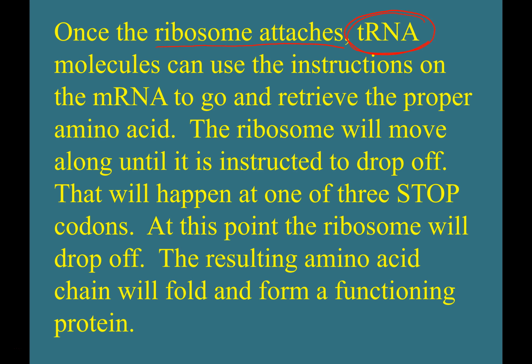And from there, you will keep on calling for a new amino acid, a new amino acid, a new amino acid, and this will happen until you reach what is known as a stop codon. You will have a polypeptide chain at that point that will eventually fold, and once it folds, it will function.